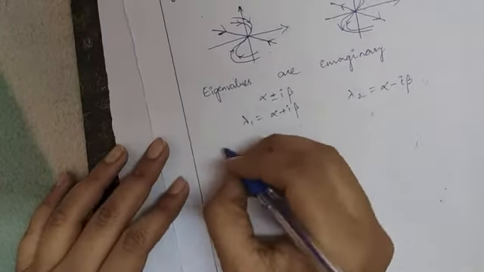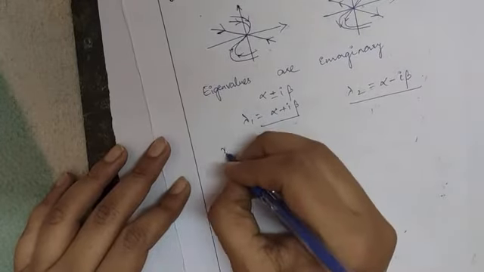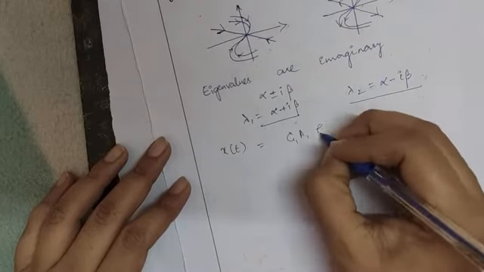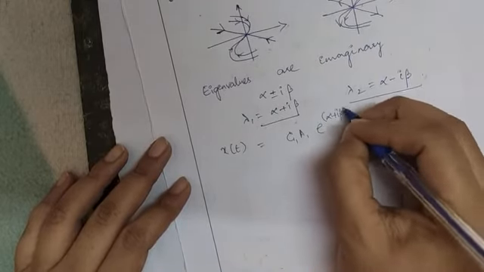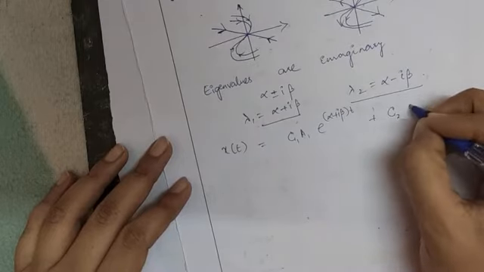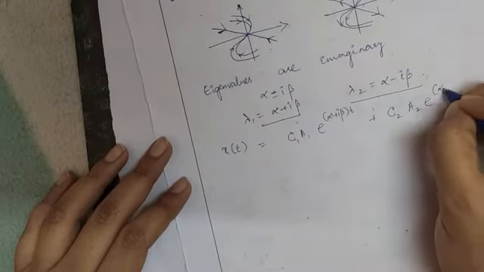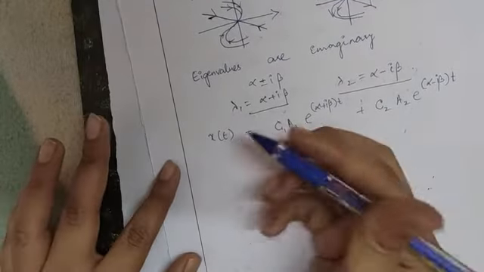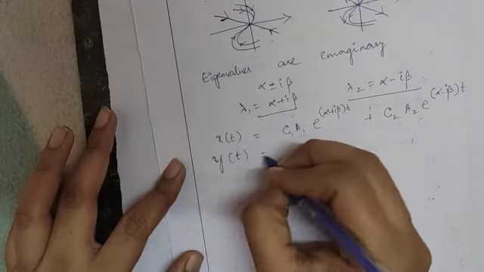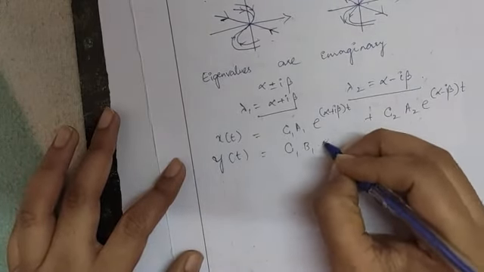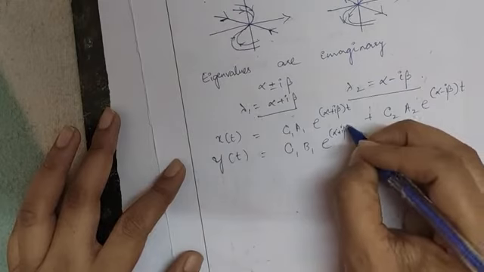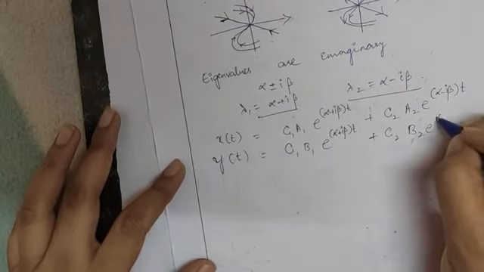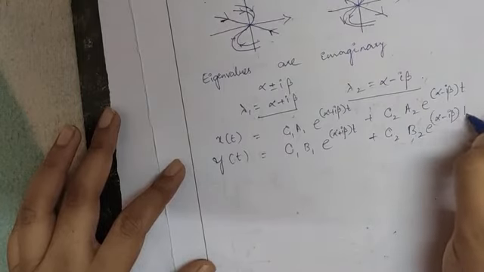So the general solution for these eigenvalues is nothing but x of t is equal to c1 a1 e power (alpha plus i beta) t plus c2 a2 e power (alpha minus i beta) t, or you can write in cos and sine terms also. So y of t is equal to c1 b1 e power (alpha plus i beta) t plus c2 b2 e power (alpha minus i beta) t.